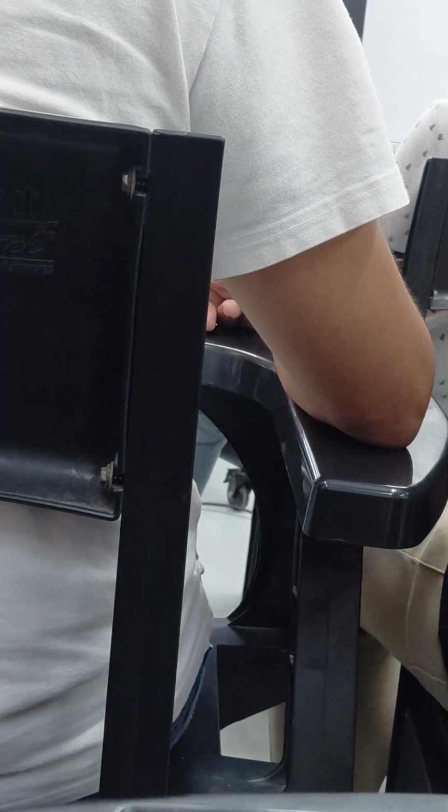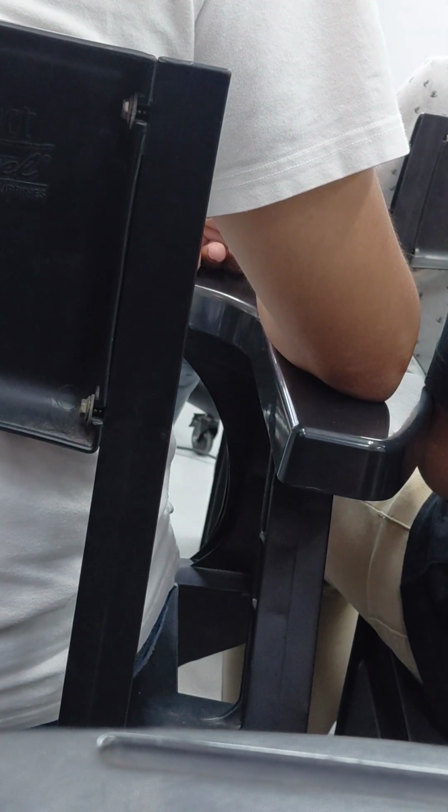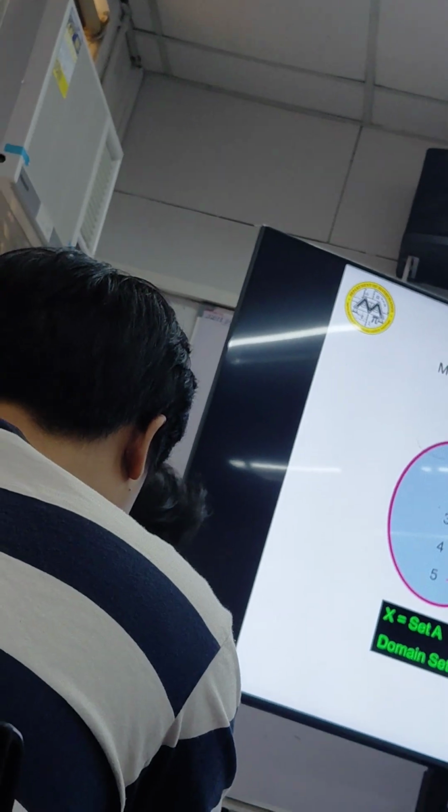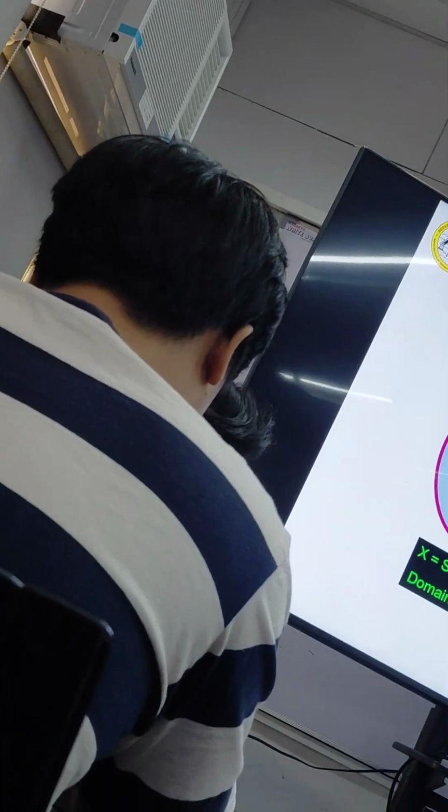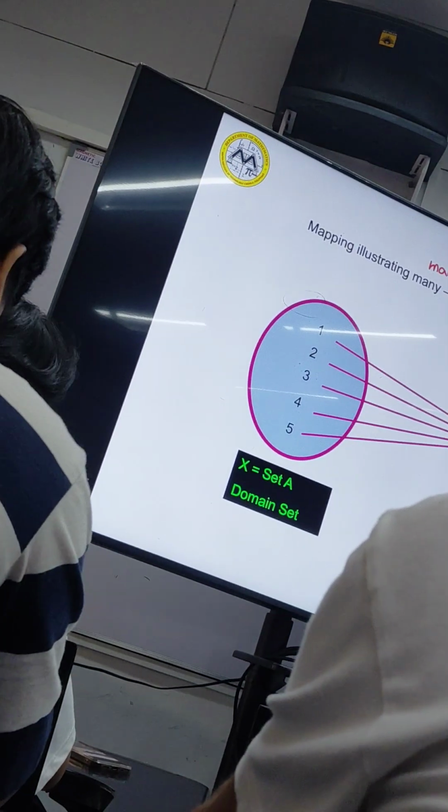So this is another example of a function, many to one. So this is a function. So you have 1, 4, 2, 4, 3, 4, 4, 4, 5, 4. So in those 5 ordered pairs, wala silang parehas na x. Okay? So that's many to one.